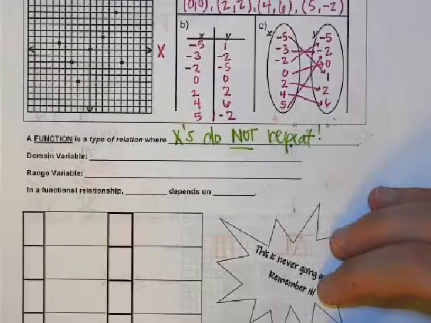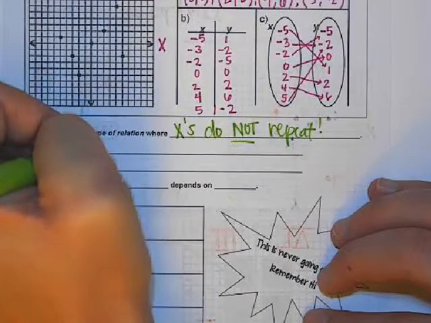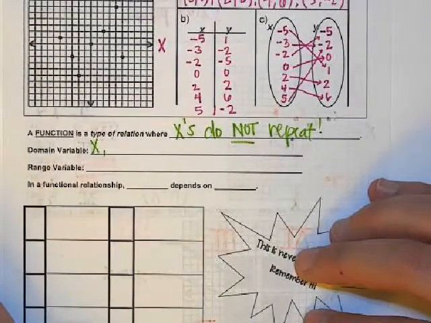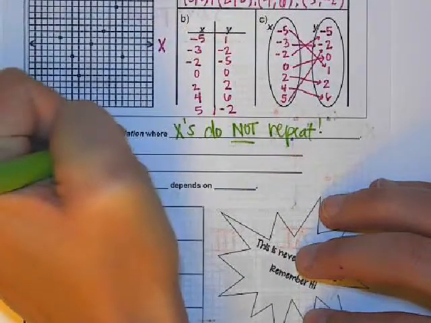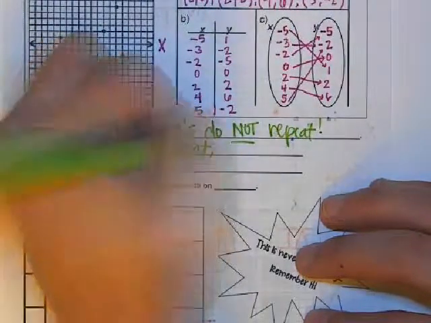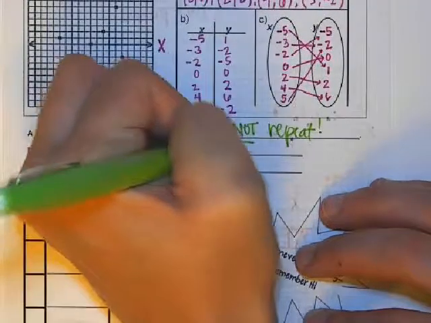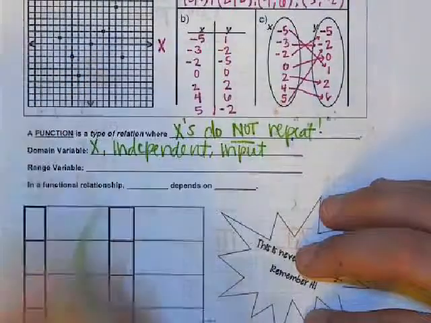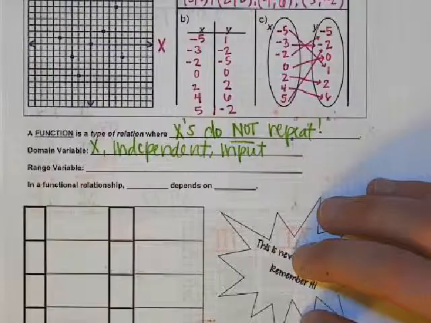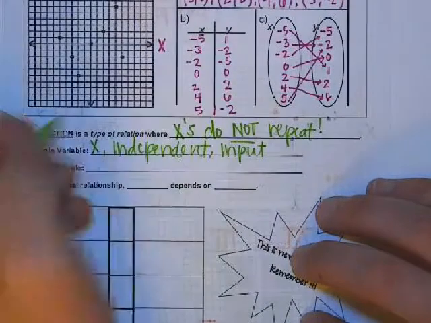All right, my domain variables are your x, independent, and input. Got it. Your y, or your range, are your y's.